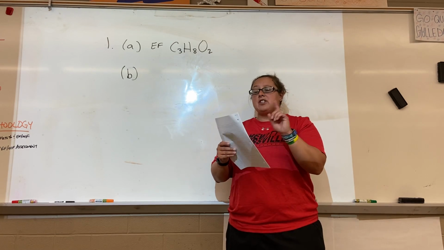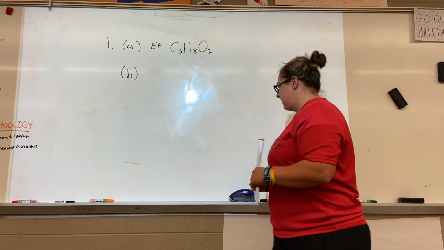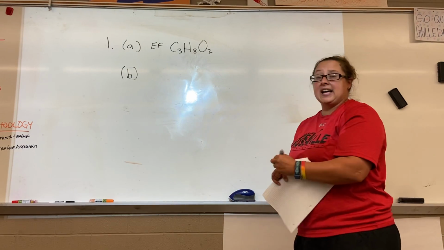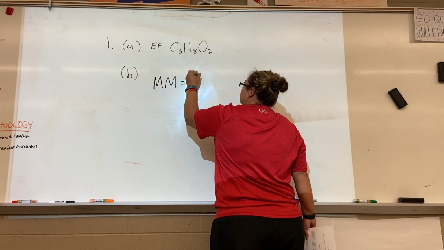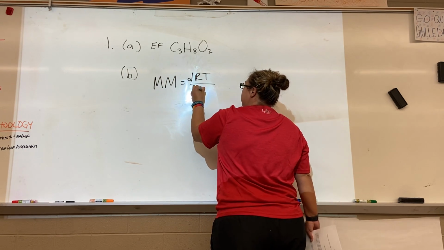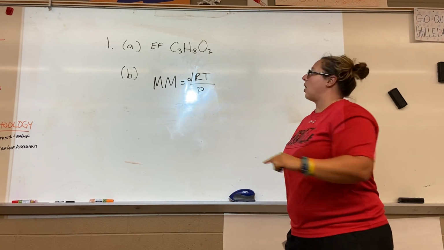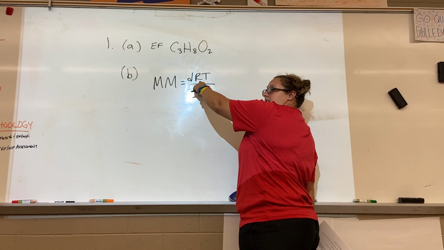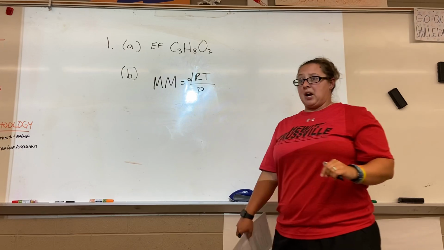Now, whenever you're trying to find molar mass and you're given density, there should be an equation that automatically pops up in your head. And that is molar mass equals DRT over P, where D stands for density, R is your gas constant, 0.0821, T is your temperature, and P is your pressure.